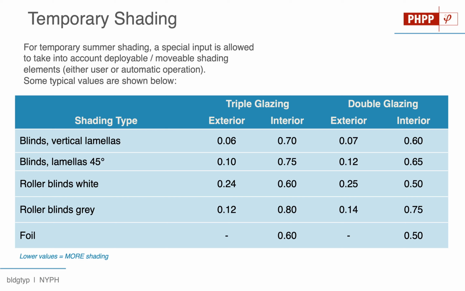And maybe the one thing to call out here, or the one thing to note, is that the PHPP does insist on a difference between the effectiveness of exterior blinds versus interior blinds. And notice that the exterior blinds have a much lower shading factor, meaning that they're going to be much more strongly shading on the glazing itself. Those lower factors obviously indicate more shading.